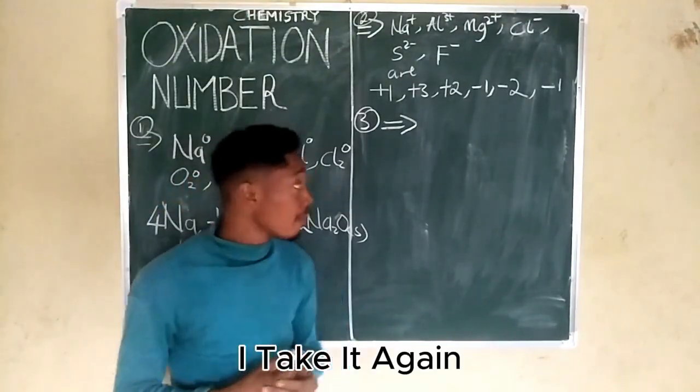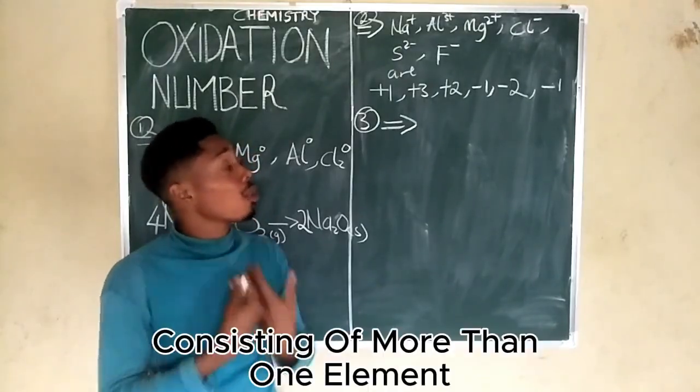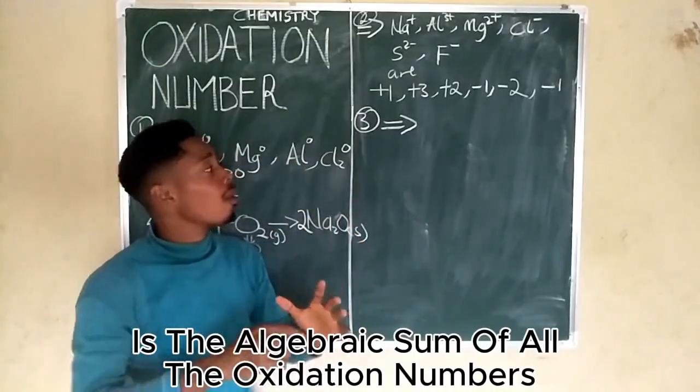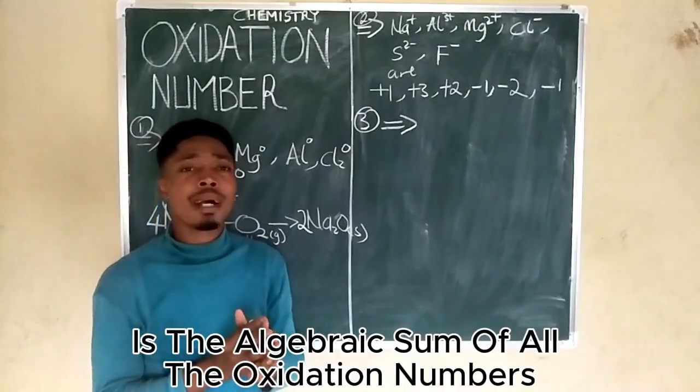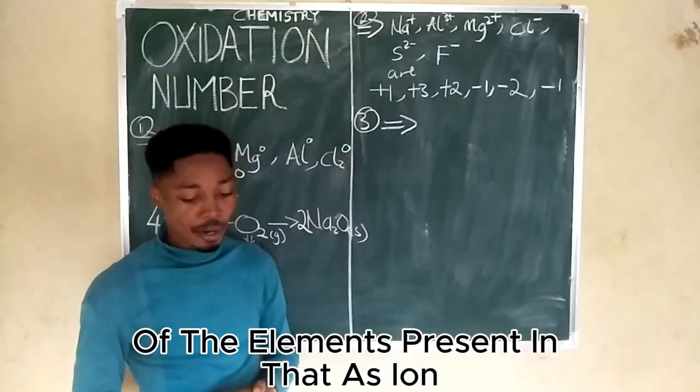I'll take it again. The oxidation number of a polyatomic ion, that is an ion consisting of more than one element, is the algebraic sum of all the oxidation numbers of the elements present in that ion.